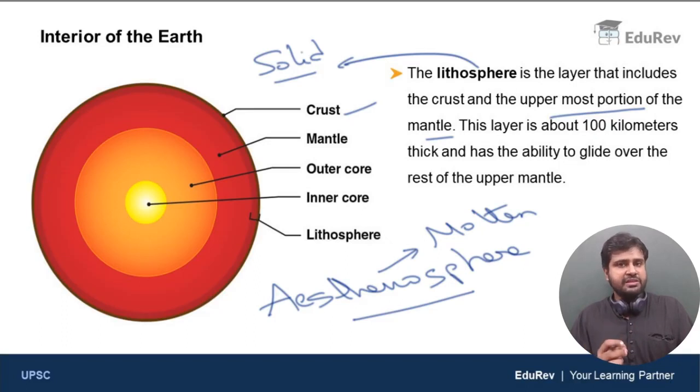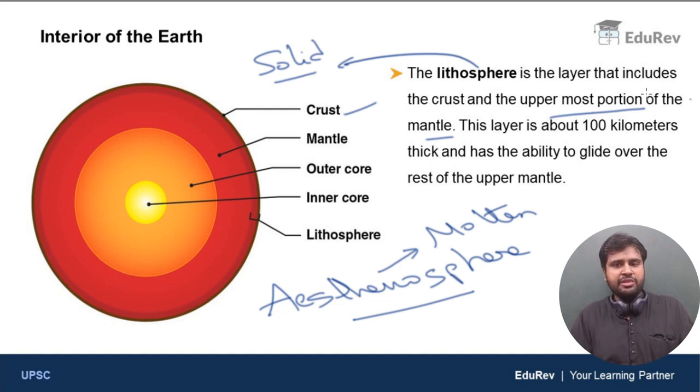What do you mean by plastic? The material there is semi-solid and it can be stretched, it is elastic, and it can be deformed. It can be converted into any shape or any form. That is the reason we are calling it plastic. Clear? I hope you understood the meaning of lithosphere. It's actually very simple.